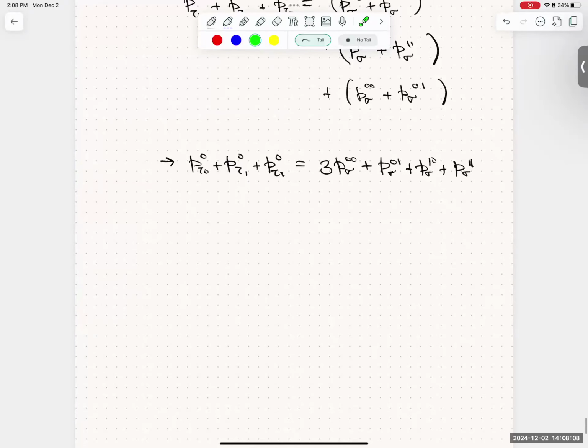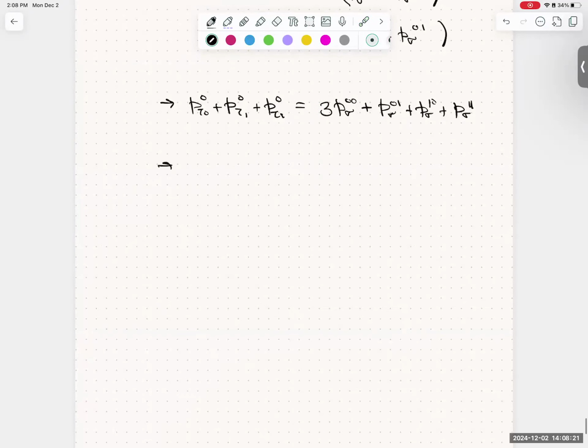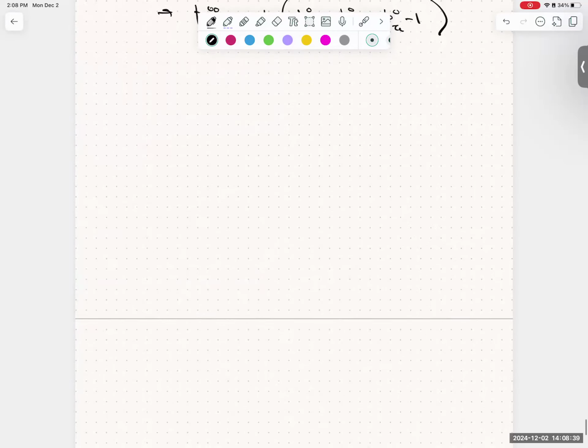Okay, I know this seems a little bit trivial, but it shows that you can solve this because these pieces here and one term from here just add up to 1, and you get that P sigma 0, 0 is equal to 1/2 times P tau 0, 0 plus P tau 1, 0 plus P tau 2, 0 minus 1.